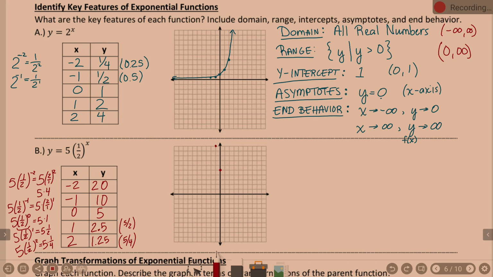So left, right, 0, up 5. 1, 2.5, right 1, up 2.5. 2, 1 1/4, so right 2, up 1 1/4 boxes. As I said, about halfway up that, I'm guesstimating up there somewhere, but get it graphed.